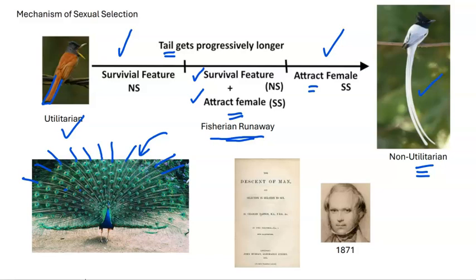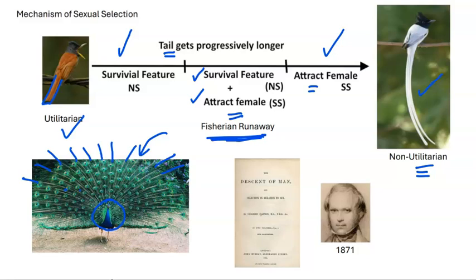However, the negative part was that such males were unable to maintain their balance, and so we ended up with this negative impact of the Fisherian runaway feature. So there is a limit to how extreme the character can become, but they do tend to be very extreme features.